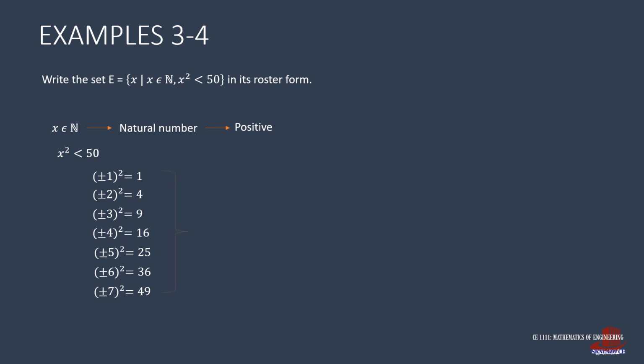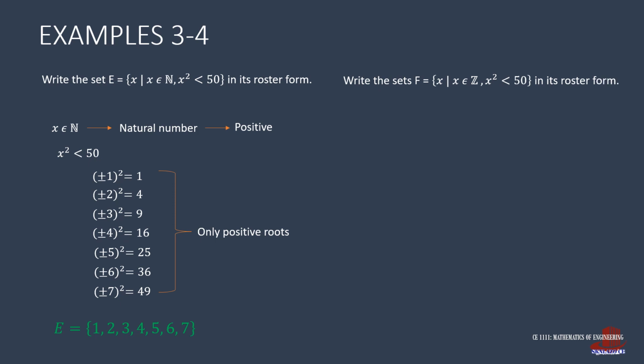From the list, the first condition makes us consider only the positive roots of x. So, set E has the elements 1, 2, 3, 4, 5, 6, and 7. A deviation to the example is by a single symbol of having x as element of integers this time.